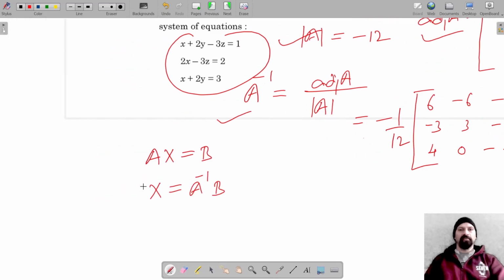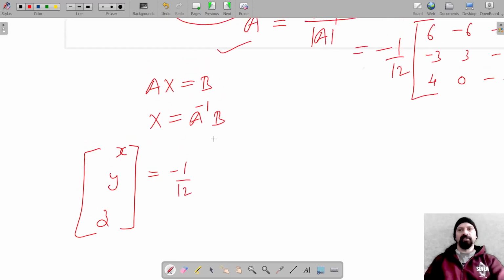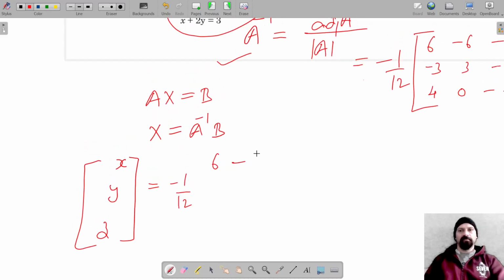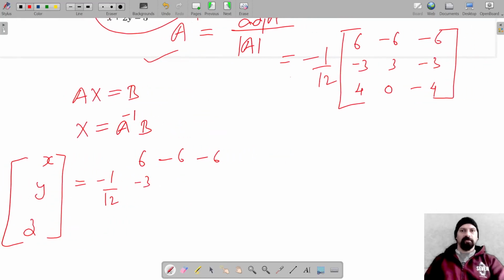Now, the X matrix has the variables X, Y, and Z, and we have the A inverse, which is minus 1 by 12 times 6, minus 6, minus 6, negative 3, 3, negative 3, 4, 0, and negative 4.